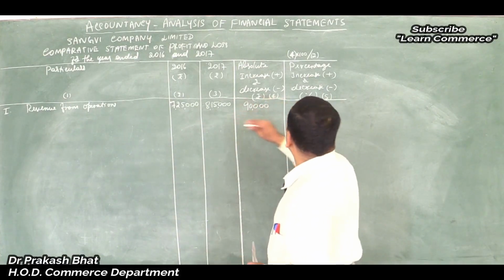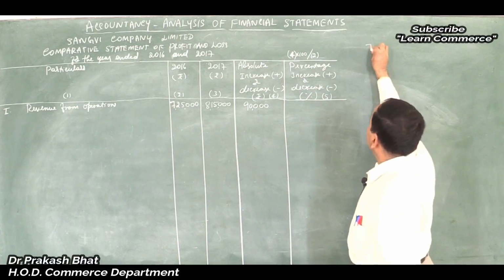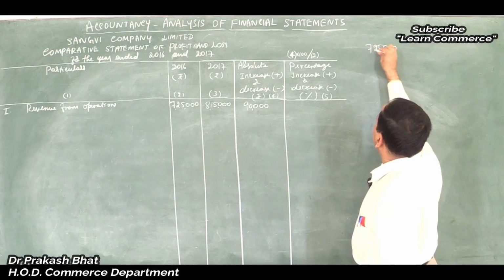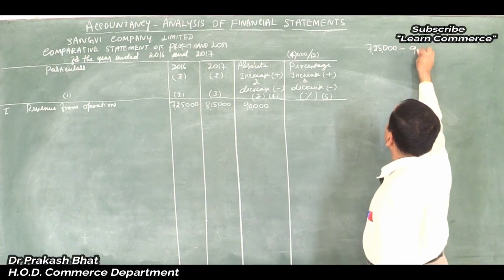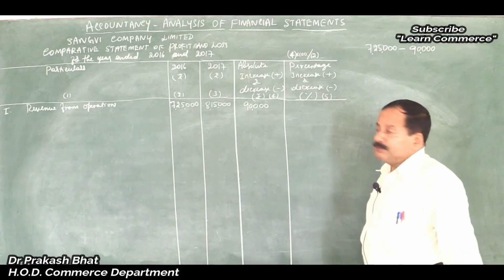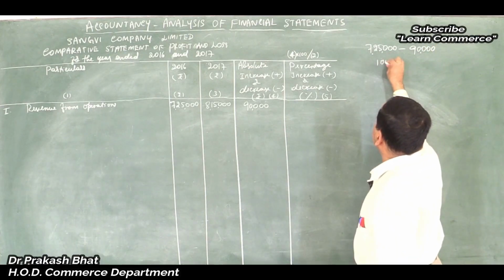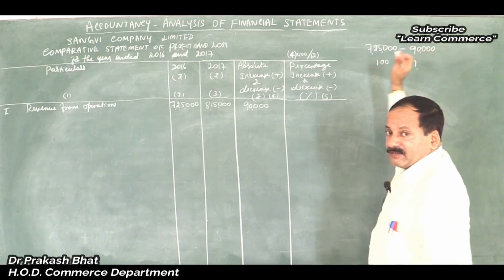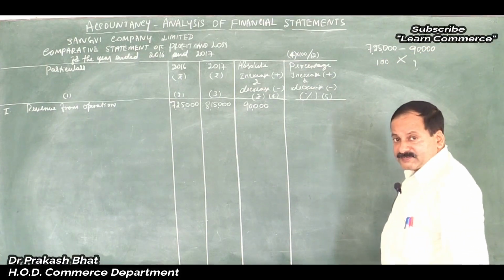Let's see, I will show here. For 7,25,000, there is an increase of rupees 90,000. Am I correct? Yes. For 100, that is for percentage, how much? Cross multiplication, very simple. Did you observe this?